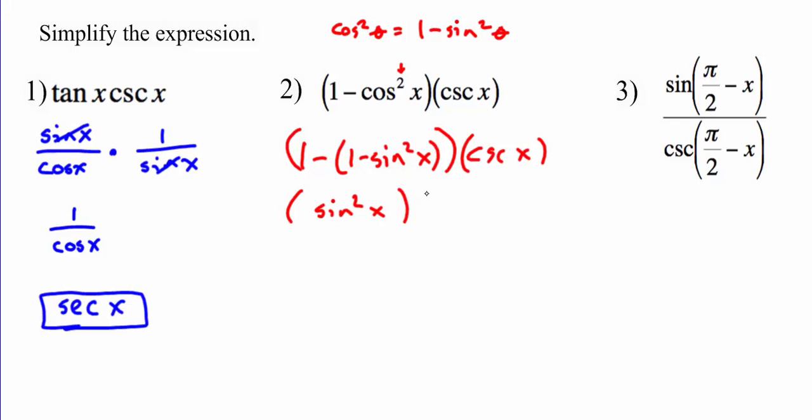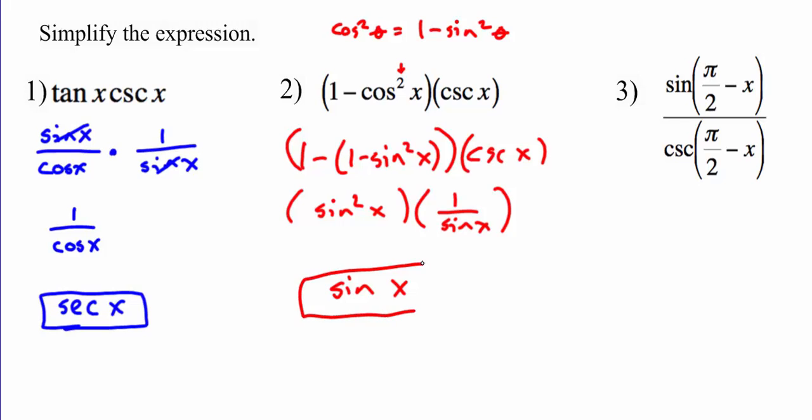Now let's go ahead and simplify that cosecant. We know that cosecant is 1 over the sine. Sine squared is the same as saying sine of x times sine of x, so we can get rid of one of those and get rid of that, and finally we'd be left with our simplest answer, which is just simply the sine of x.